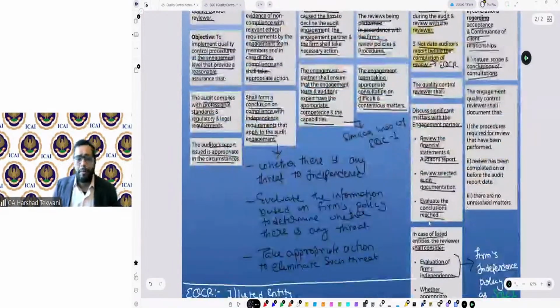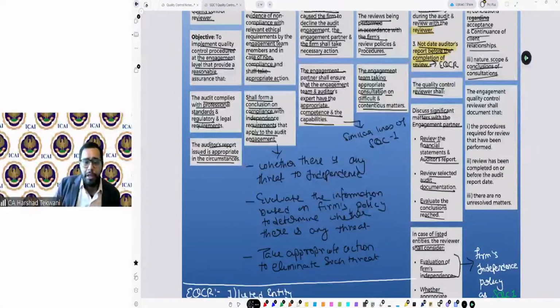It even provides the documentation requirement for the EQCR, that the procedures required for the review have been performed. The EQCR needs to document what procedures he has performed in order to perform the engagement quality control review. Second, he needs to document whether the review has been completed on or before the date of the audit report.